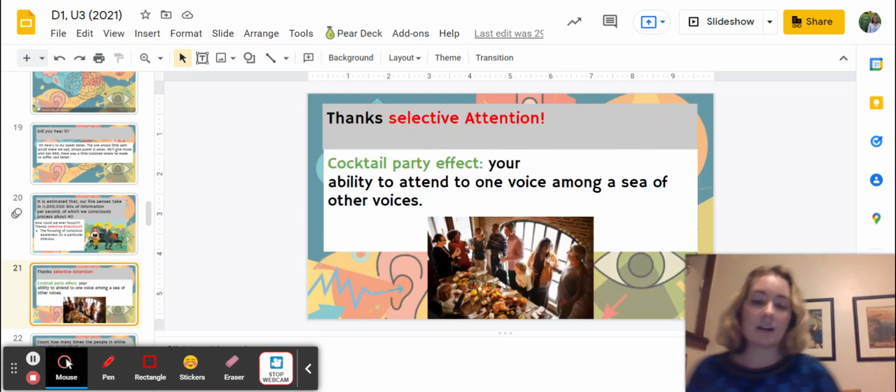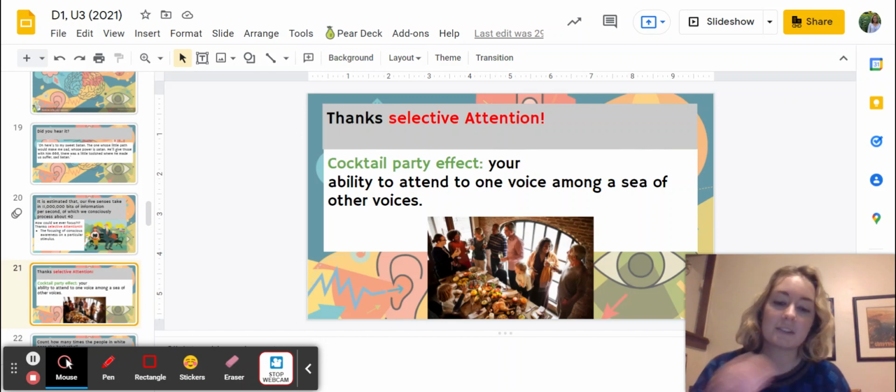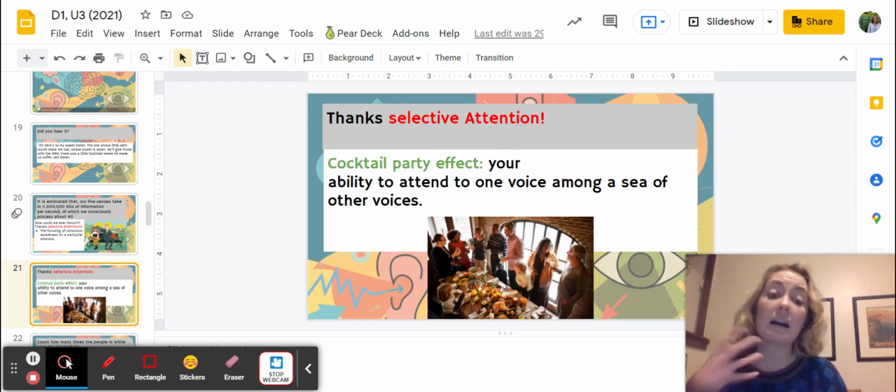A specific form of selective attention is called the cocktail party effect, and this is a good vocab term to know. It's more specific in that it's when you're in an area where there's a lot of noise and you're able to focus in on one voice amongst the noise.